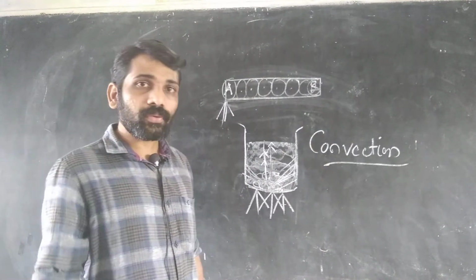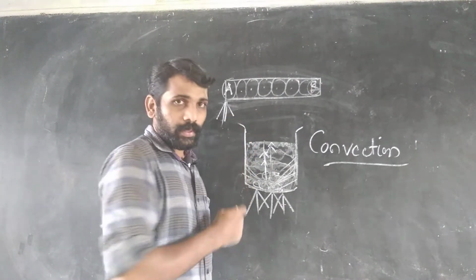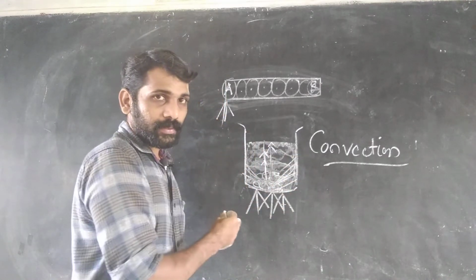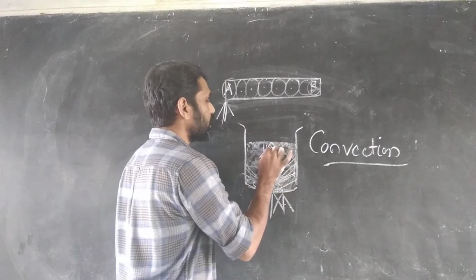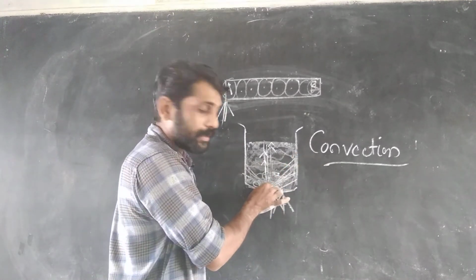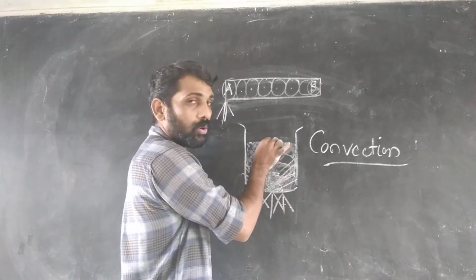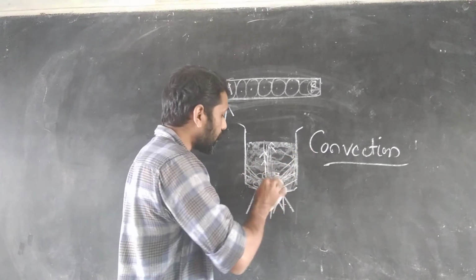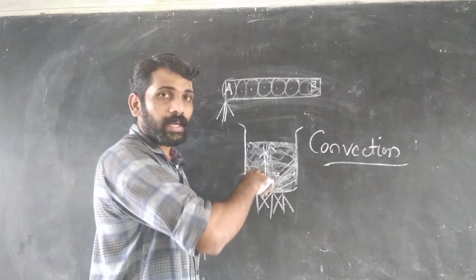But in the case of liquids, heat is not transferred as in the case of metals, as in solids. In the case of water, heat travels like this: first it goes up and cold water comes down, and they are heated and go up. Again another cold water comes down, and it is also heated and goes up.